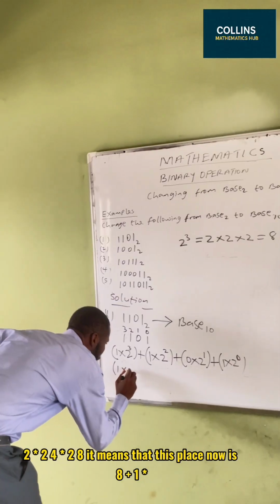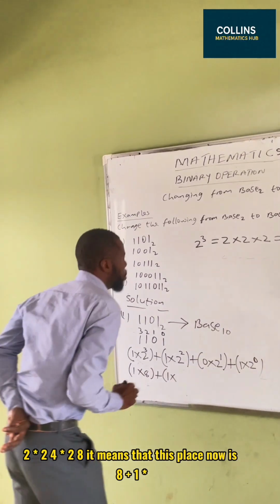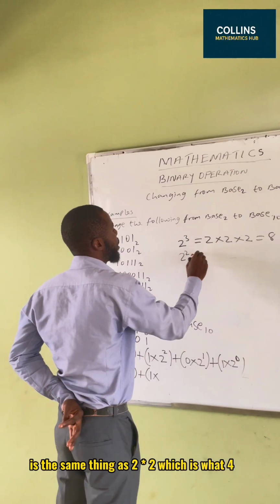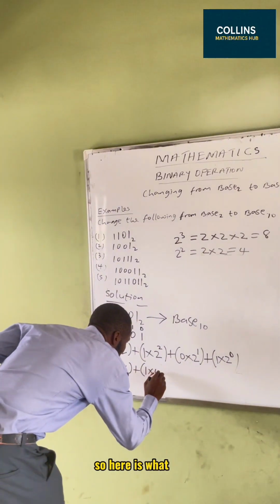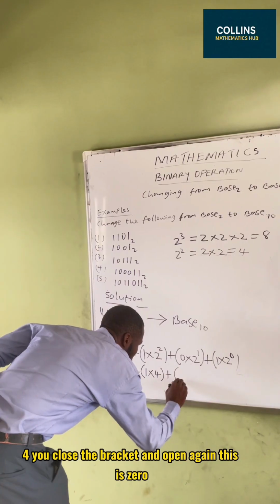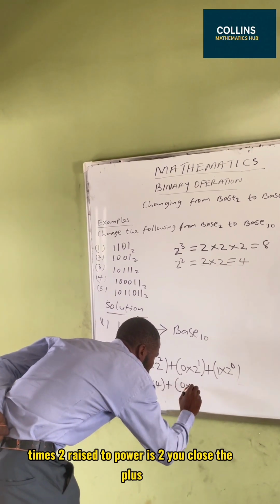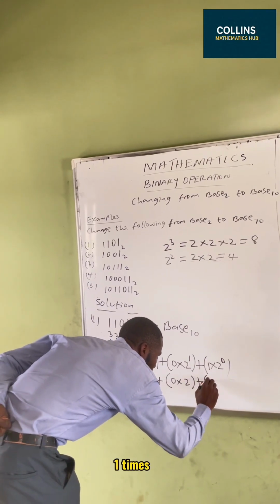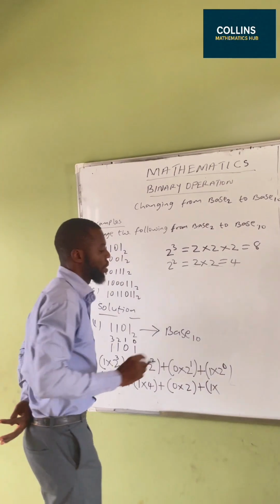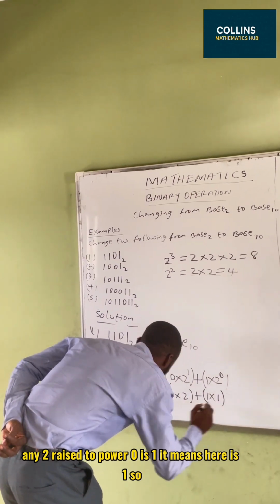It means that this place now is 8 plus 1 times 2 raised to power 2 is the same thing as 2 times 2, which is what? 4. So here is 4. You close the brackets and open again. This is 0 times 2 raised to power 1 is 2. You close the plus 1 times anything raised to power 0 is 1. It means here is 1.